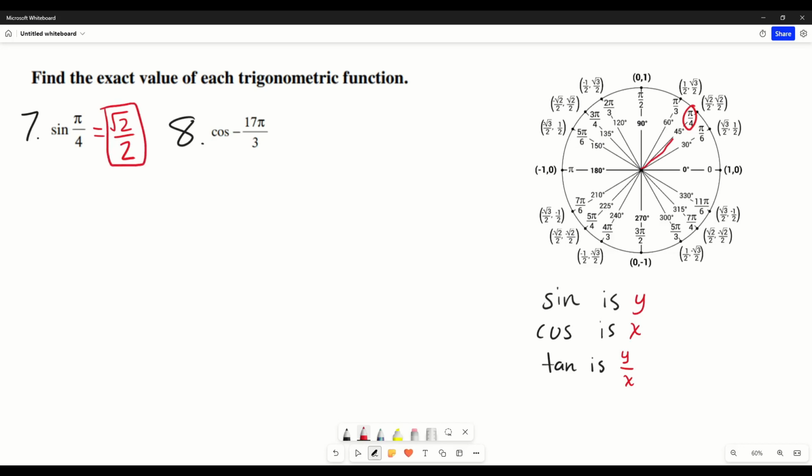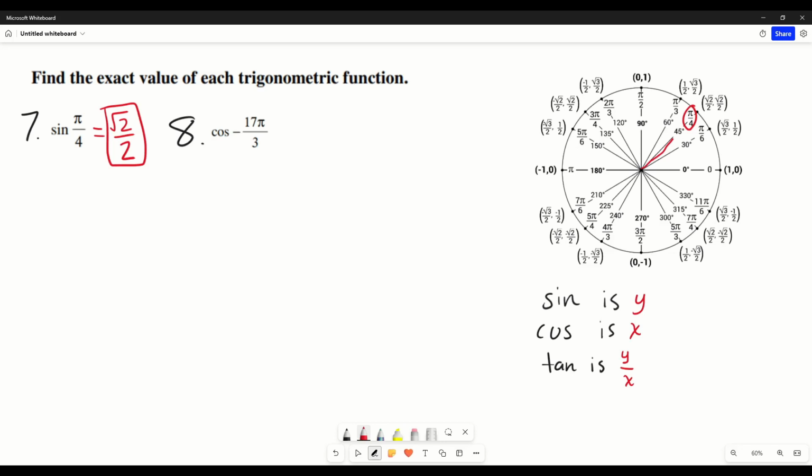Now let's take a look at cosine of negative 17 pi over 3. Now this is a little bit different. Since this is negative 17 pi over 3, we have to look at what degree this is. Since I don't see negative 17 pi over 3 or 17 pi over 3, I could just turn this from radians to degrees.